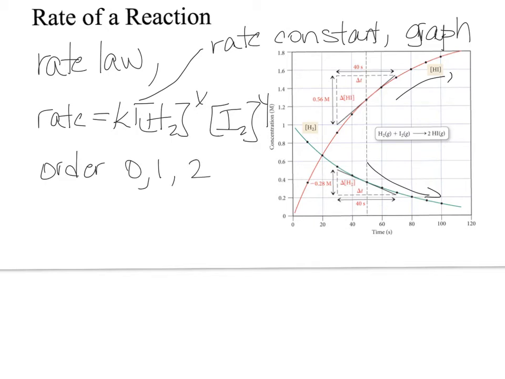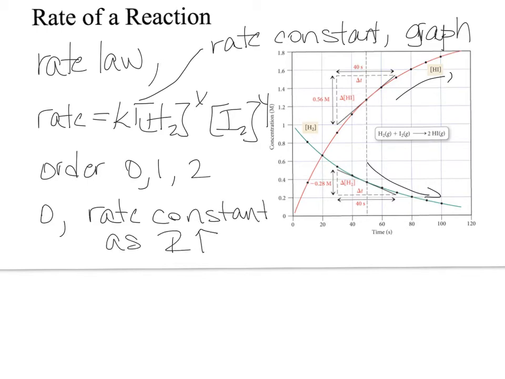What that means in practical terms, for 0 order, rate does not change, so rate is constant as reactant is increased. Something that's first order, rate doubles as reactant concentration doubles.